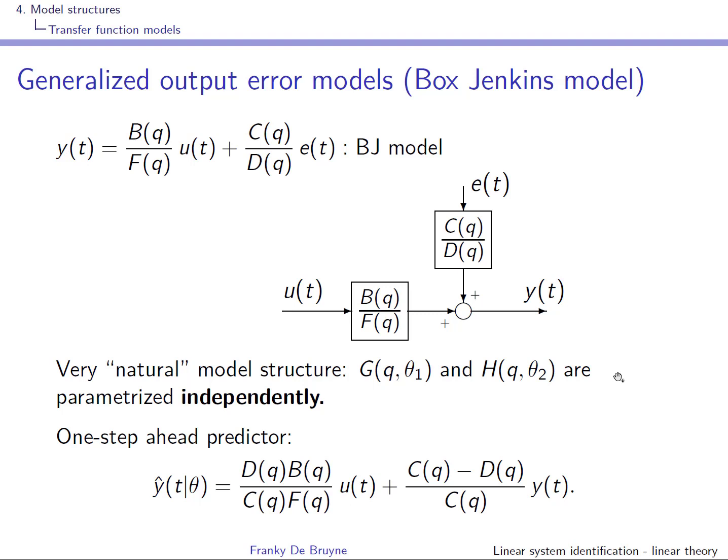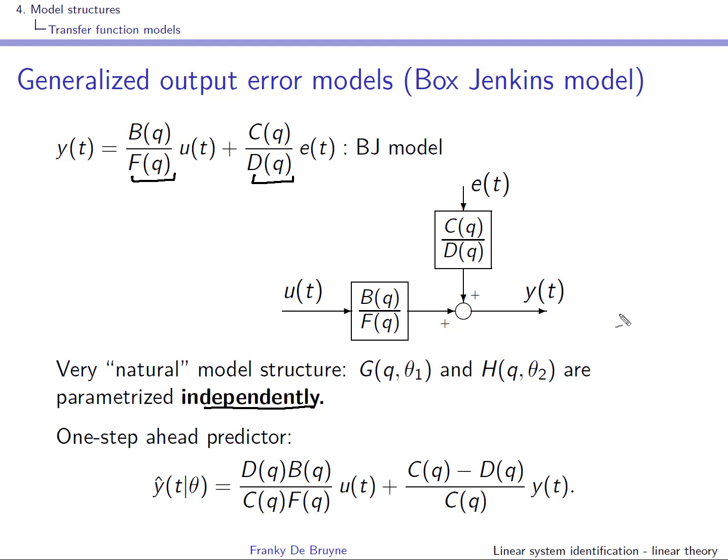Well, the next member in the family is the so-called generalized output error model, or the Box-Jenkins model. And as you can see here, G, the input-output transfer function, and the noise model are independently parameterized. So the parameters that appear in G and the parameters that appear in H are different.